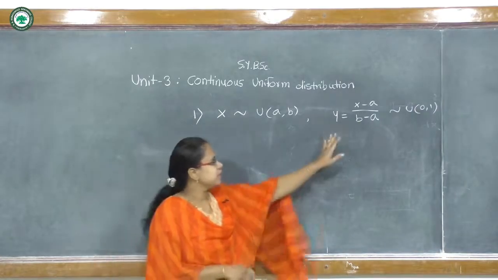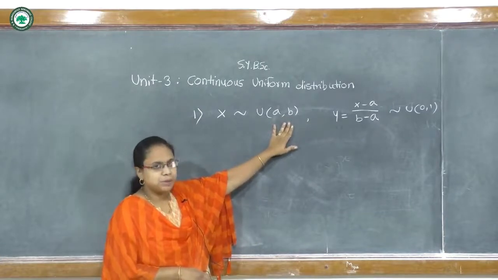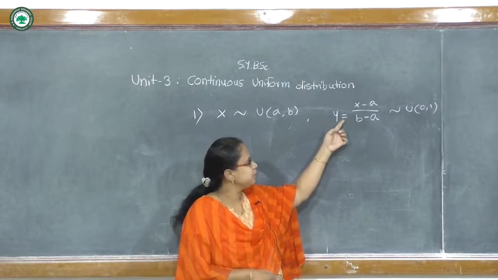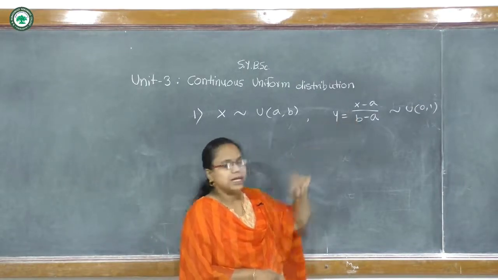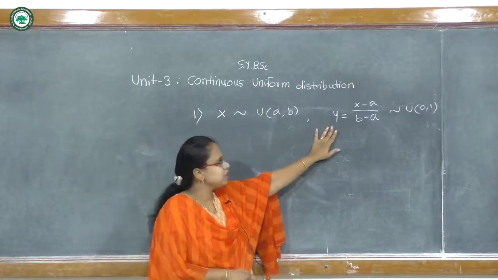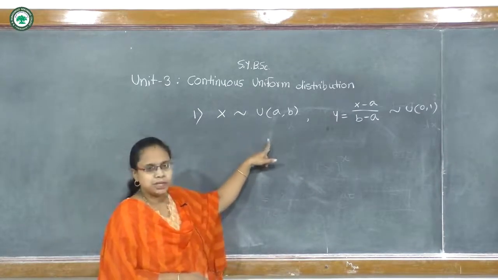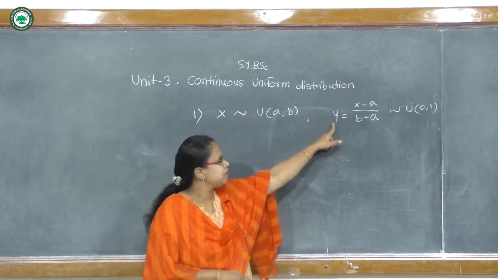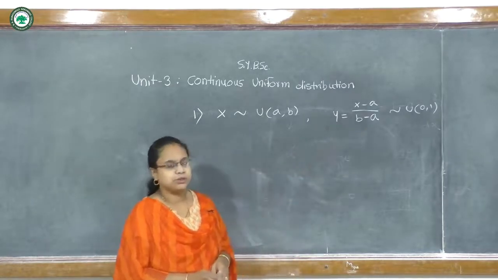We can use transformation of variable, because Y is a monotonic increasing function over the range a comma b, and we will show that it is the standard uniform distribution.